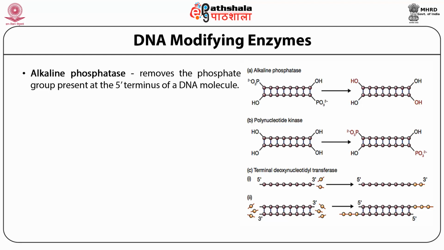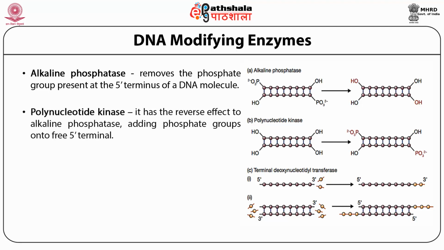You can see the phosphate at the 5' end, due to the action of alkaline phosphatase, is converted into OH sites. Phosphate is removed. Another modifying enzyme is polynucleotide kinase. What this enzyme does is, it has a reverse effect of alkaline phosphatase. This adds phosphate group into free 5' end.